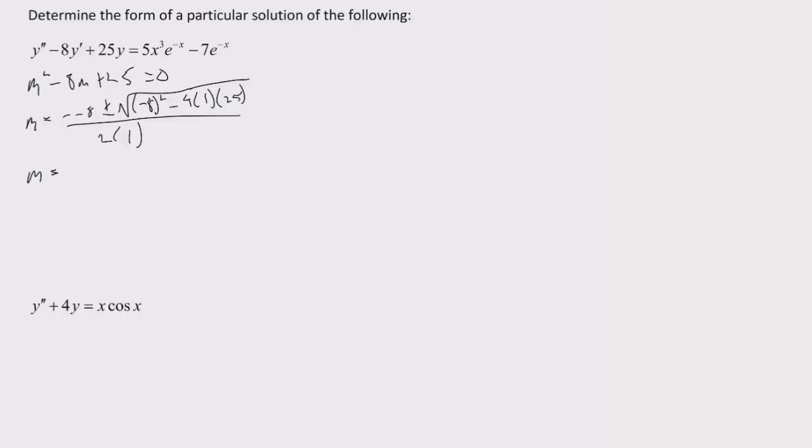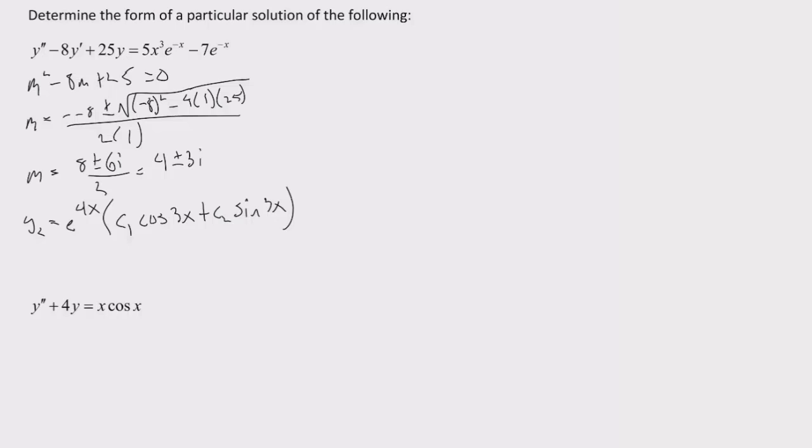That's going to give me imaginary solutions. And so our complementary solution would be e to the 4x times c1 cosine 3x plus c2 sine 3x.